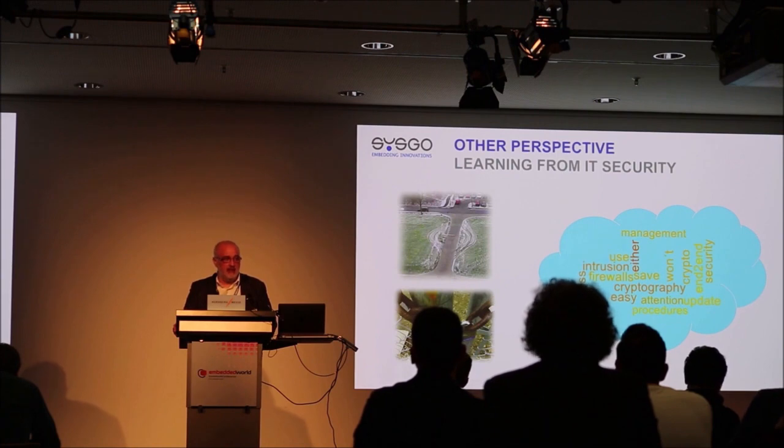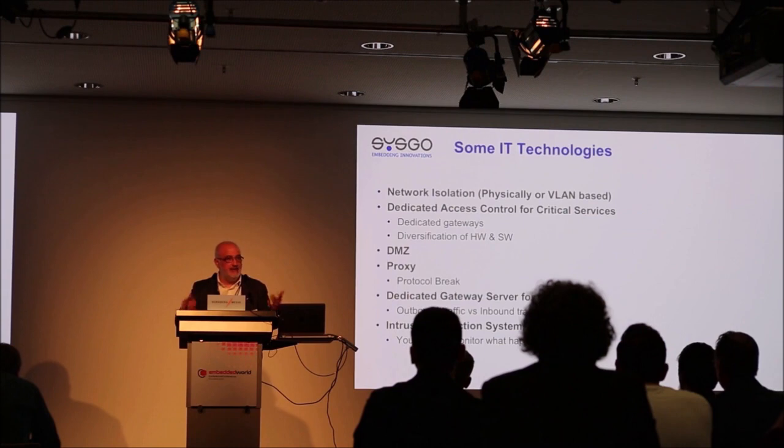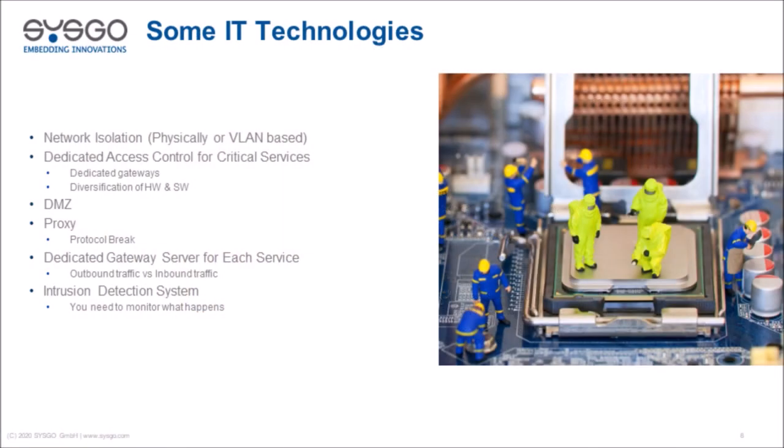Maybe you need something like a DMZ. These are technologies which have been used in the IT domain for many years now. Network isolation: if you have a huge network with a lot of clients, everything is isolated through VLAN or physical isolation.